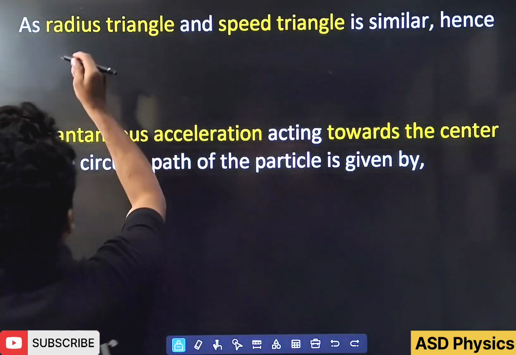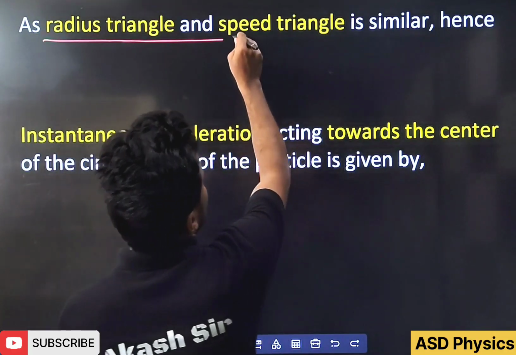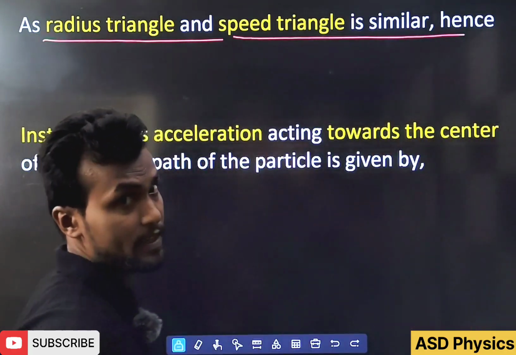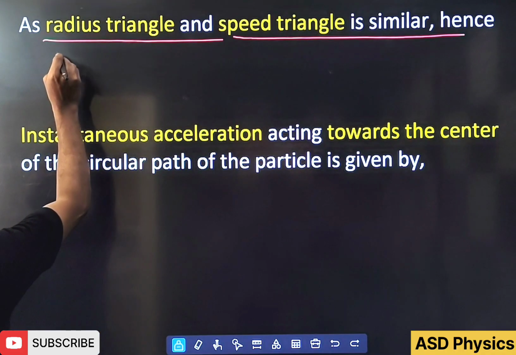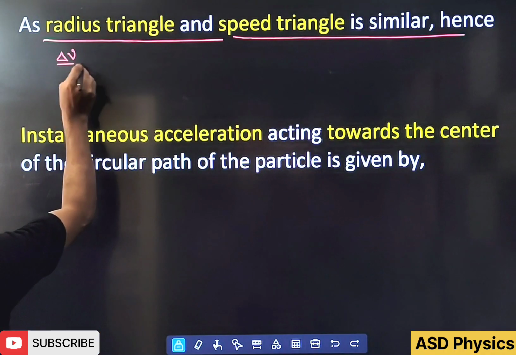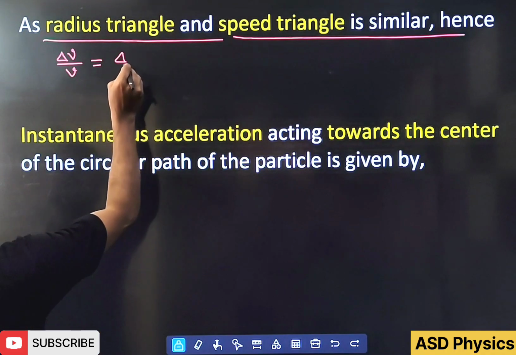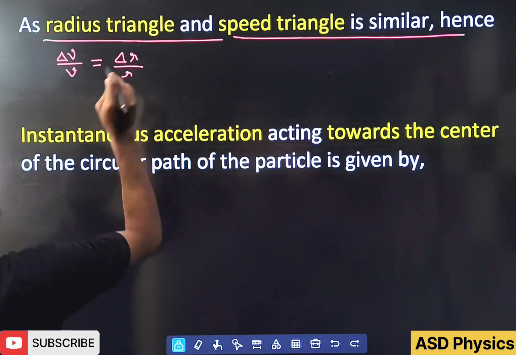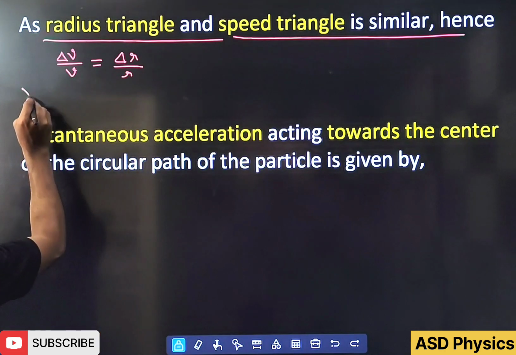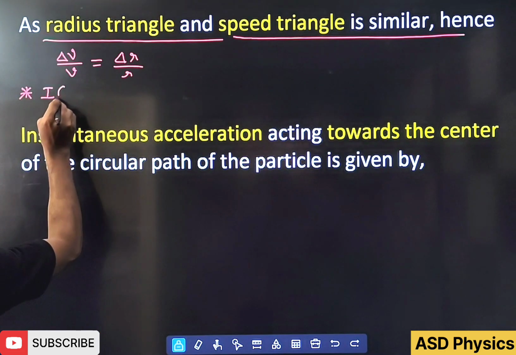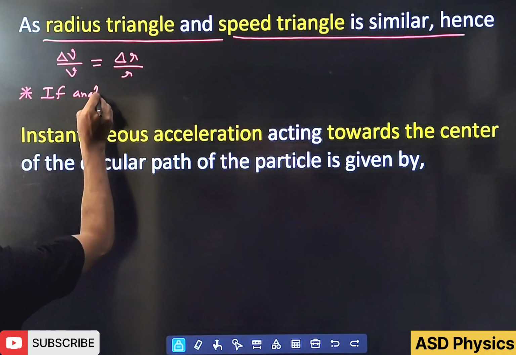So see here, as the radius triangle and the speed triangle are similar, what I have told you, we can write, remember that, this delta V by V is equal to delta R by R. And remember that if angle theta is small, now we want to know the instantaneous velocity.